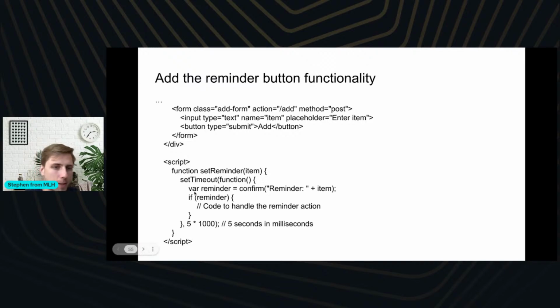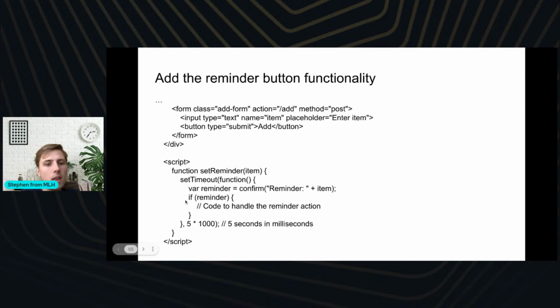And in this function, we have a variable called reminder, and confirm is a JavaScript function that will trigger this prompt to appear on your screen, and the text that it displays will be reminder and then the item.